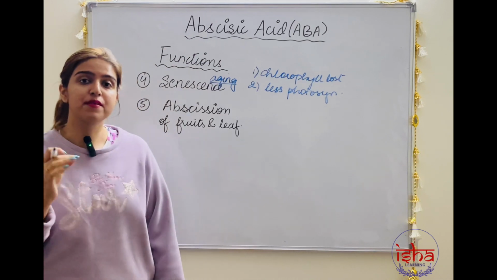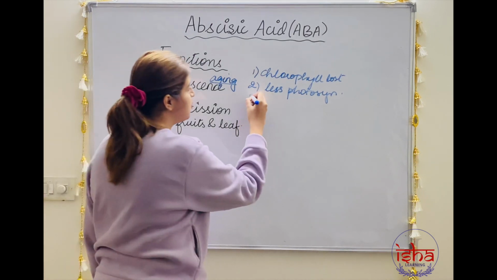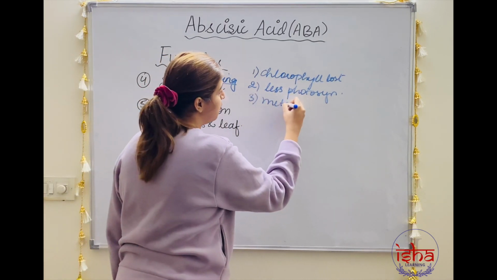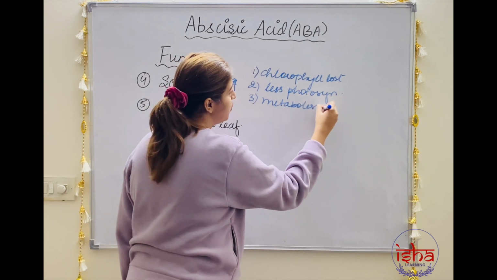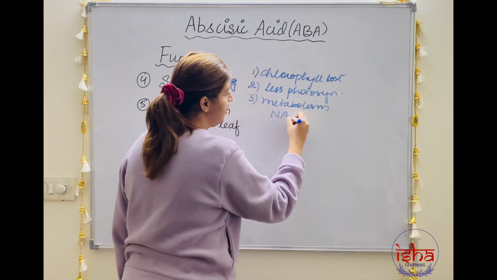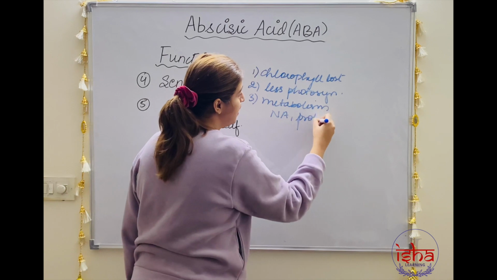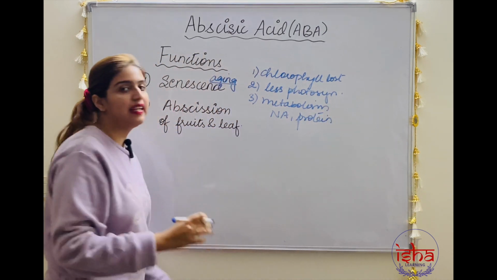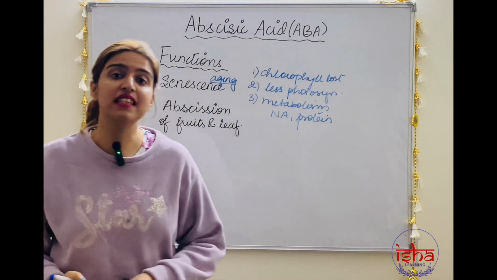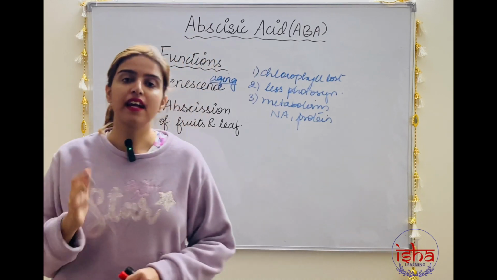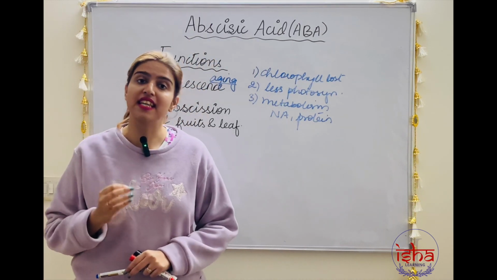Besides that, this abscisic acid also changes the metabolism of proteins and nucleic acids in the leaf. Due to the lack of proteins and nucleic acids, there is enhanced aging of the leaf. That is how abscisic acid causes senescence.